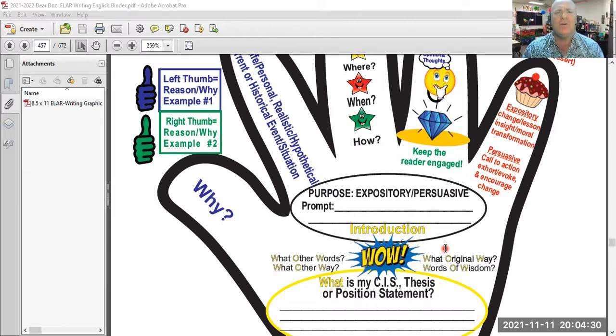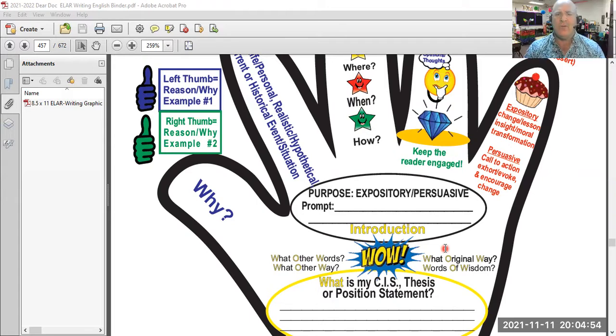And one of my close friends out there, who's now an assistant principal here in the Rio Grande Valley, has her kids start with words of wisdom. What truism or what quote, what saying could I either start with my head or end with my feet? And she would get about 75% of her kids to get 3s and 4s.